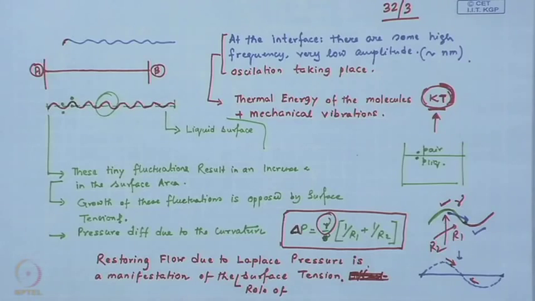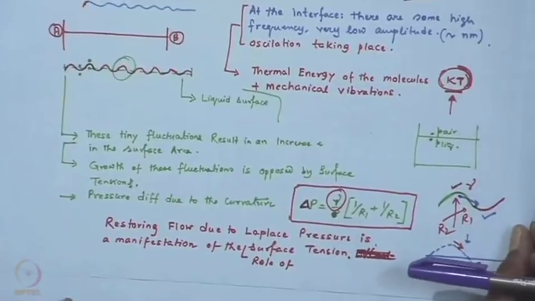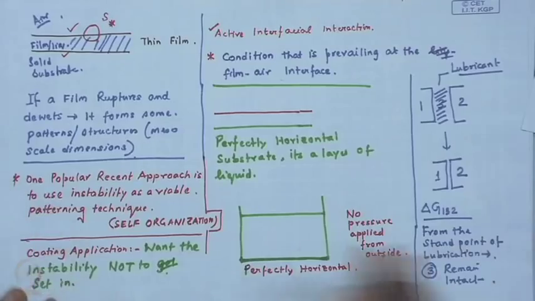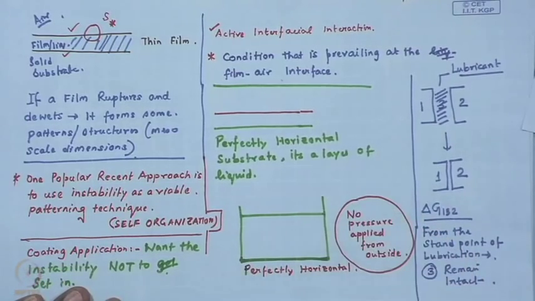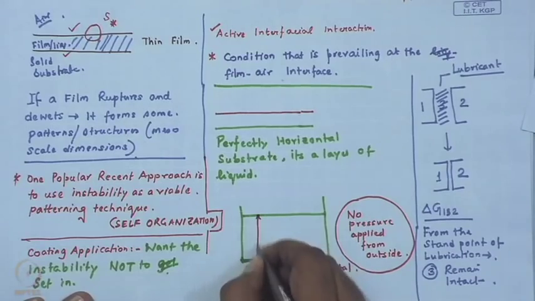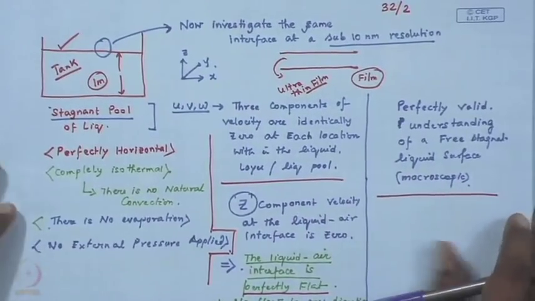So, what is the new understanding we have developed based on the last few minutes of discussion? Let me just quickly do a recap. We argued that if you have a layer of liquid on a perfectly horizontal surface with no external pressure from outside, it can be a tank of liquid or a liquid thin film or whatever, and all these conditions are met.